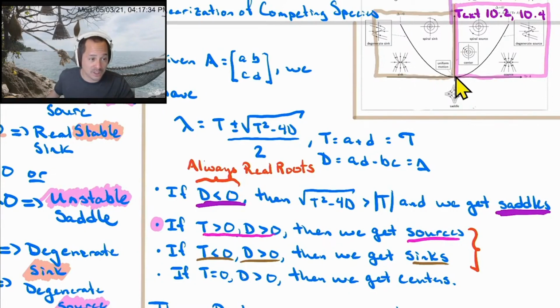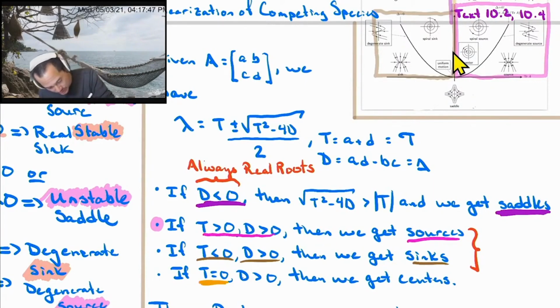Now there is one special place right in between the two, where trace is 0. If trace is 0, I'm lined up right in between these two quadrants, quadrant 1 and quadrant 2. Right here. And what happens then, we'll check it out. If trace is 0, then this part of the eigenvalue is 0.